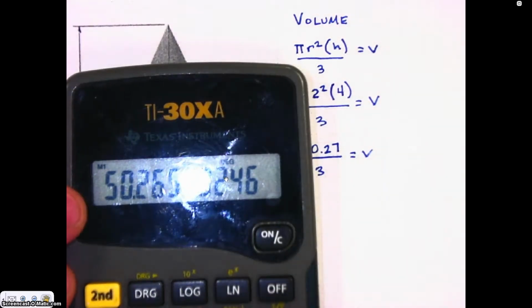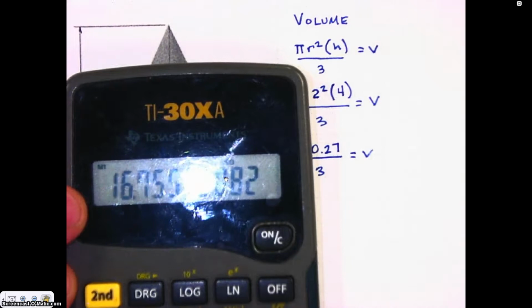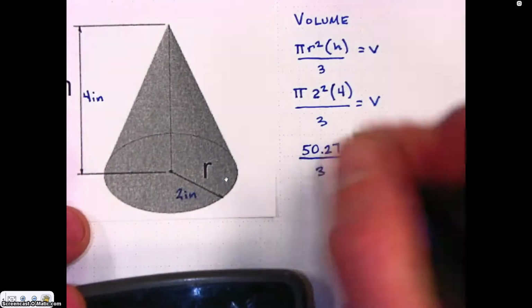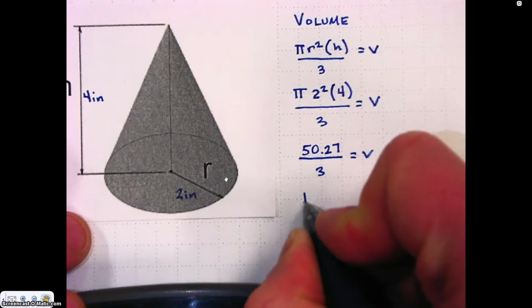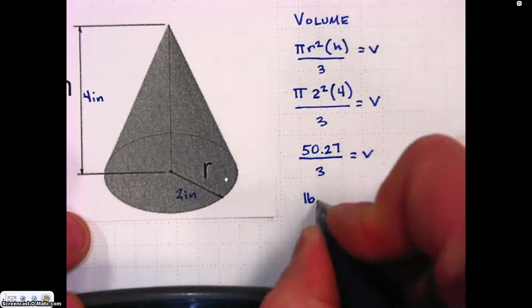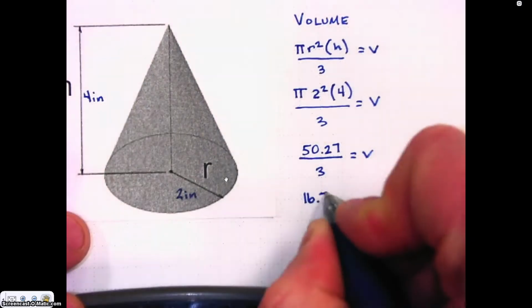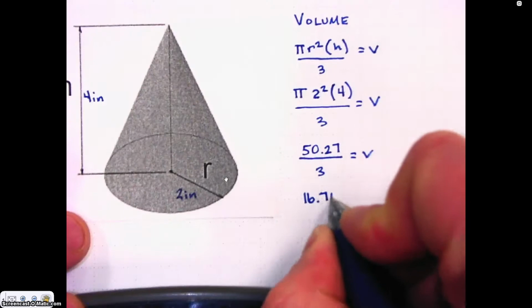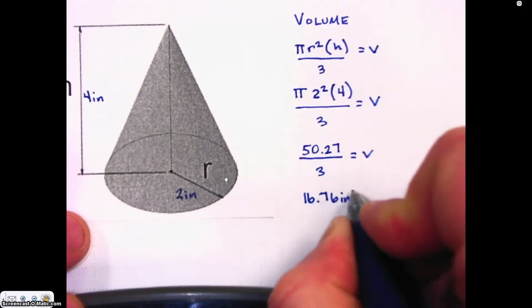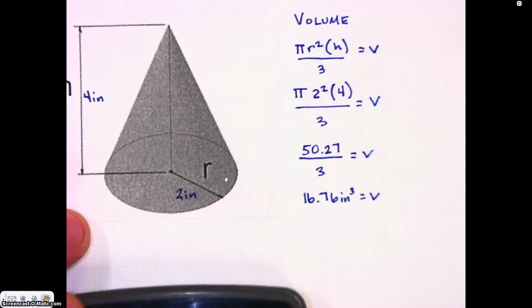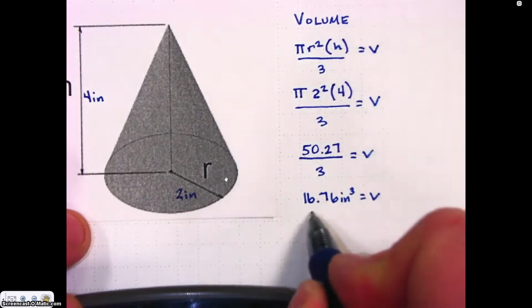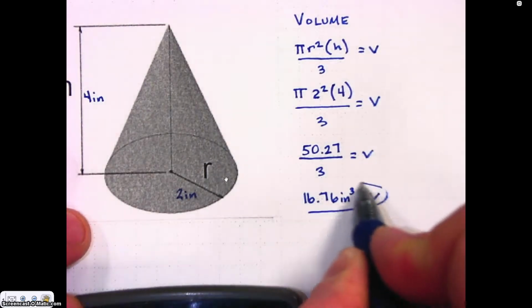So I'll take that number, divide it by 3, and I get, for my final answer here, 16.76 cubic inches equals our volume. And I'll go ahead and circle my answer.